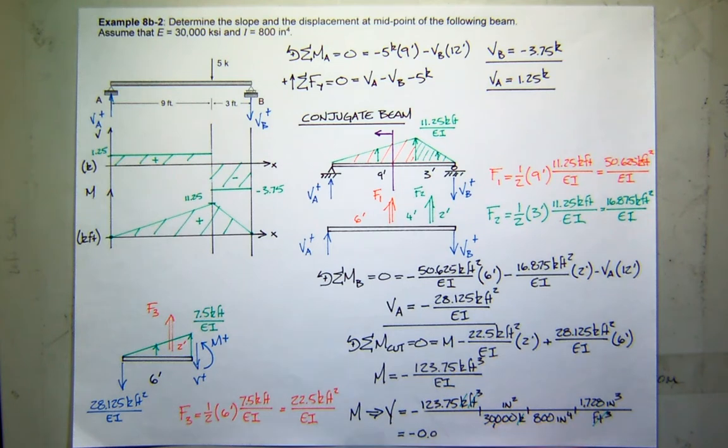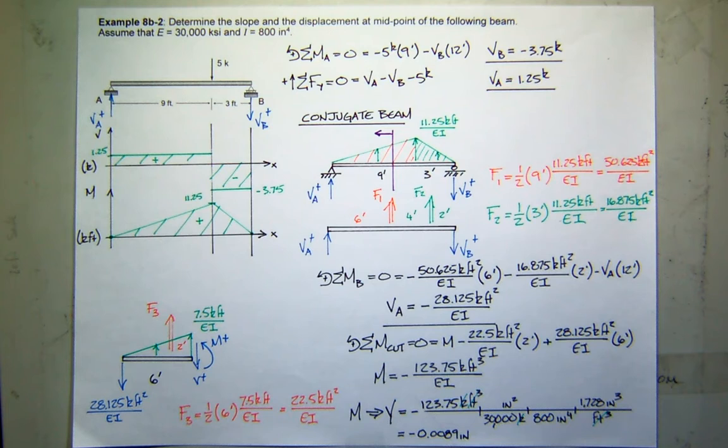That seems too small. 0.00891. 0.0089. I'll just say that. That's pretty small, isn't it? 9 thousandths of an inch.